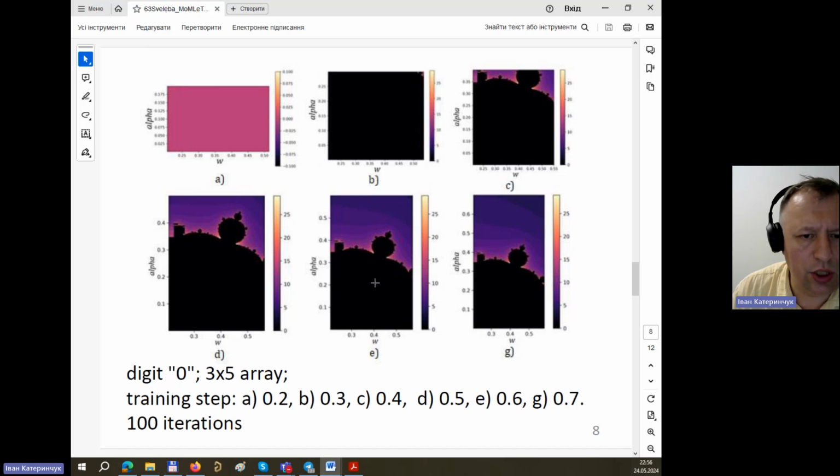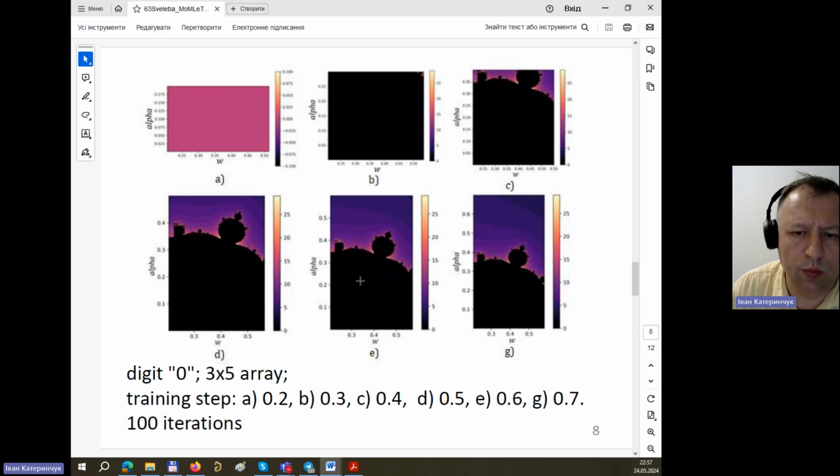A further change in the training step leads to the appearance of 4, and so on, unstable solutions, followed by a transition to the mode described by the doubling process and the transition to a chaotic training mode.